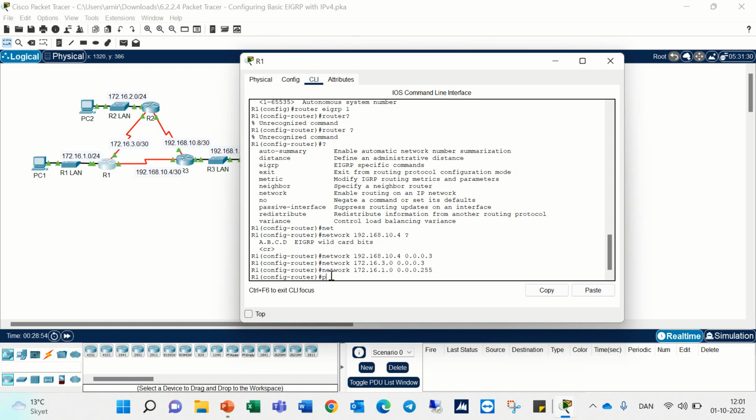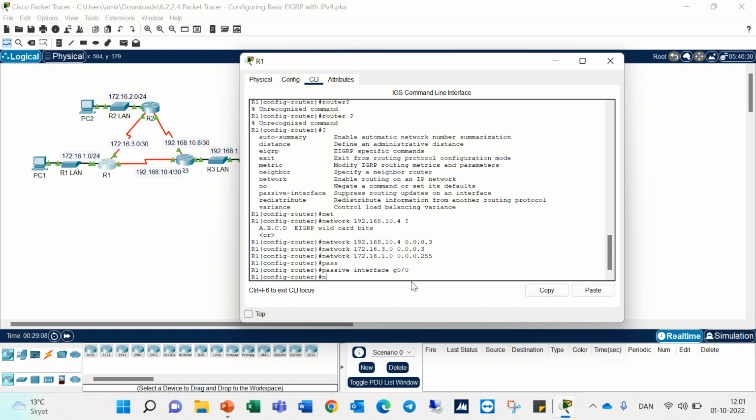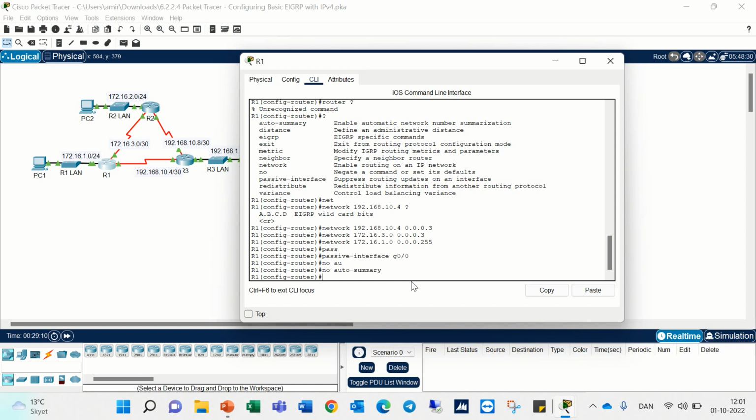And also you should remember, what is your passive interface here? The passive interface here is G0/0, and no auto-summary. Yes, we should disable automatic summarization here.